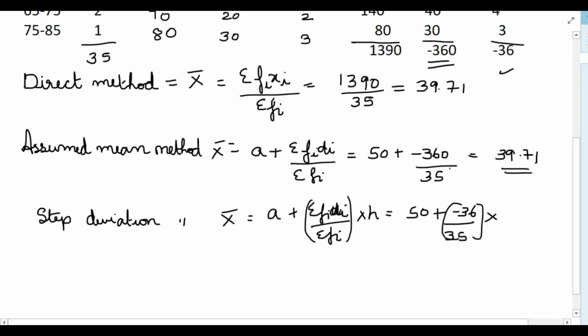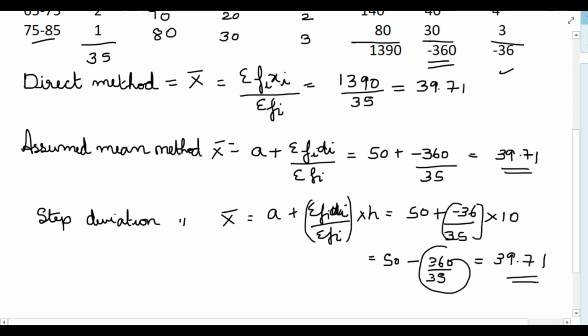Class size is 10, so into 10. So when you simplify this, 50 minus 360 divided by 35, finish off this simplification and then subtract from 50, you will get the answer 39.71.